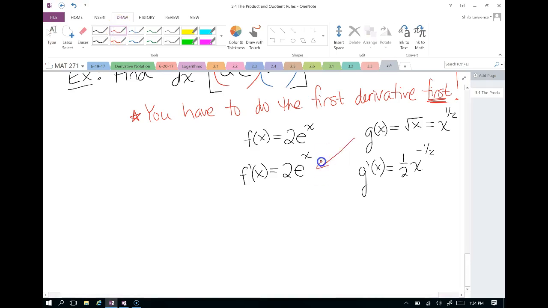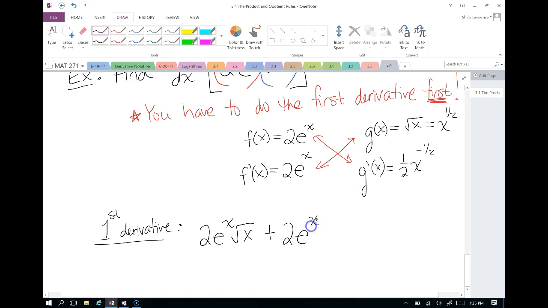So then crisscross for your product rule. My first derivative is f prime g, so 2e to the x square root x, plus fg prime, so 2e to the x times 1/2 x to the negative 1/2.